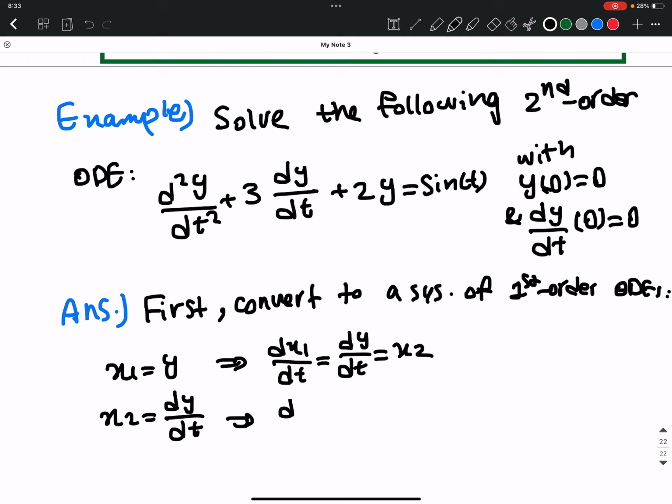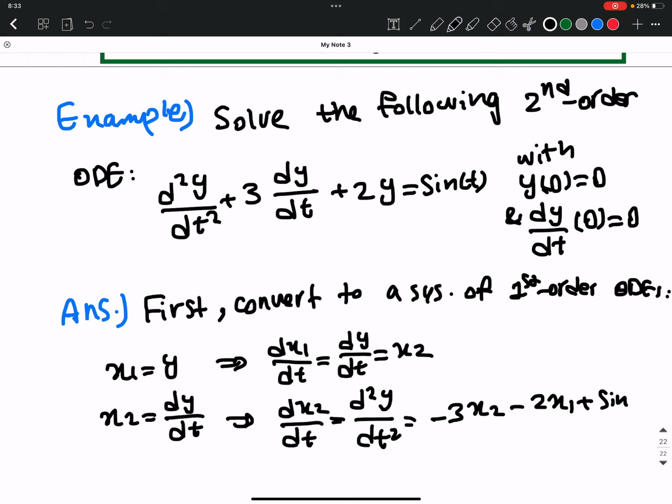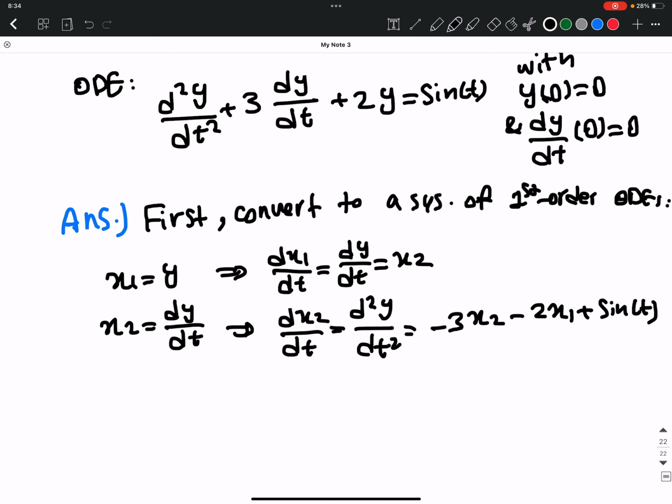And dx2/dt would be d squared y over dt squared, which from my original equation here would be minus 3 dy/dt, which is basically x2, minus 2 times y, which is x1, plus sine of t.